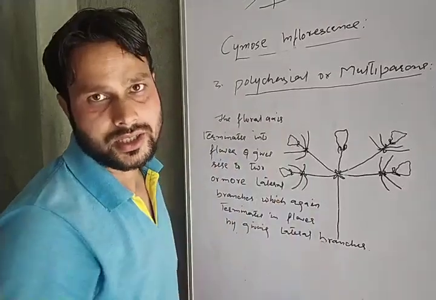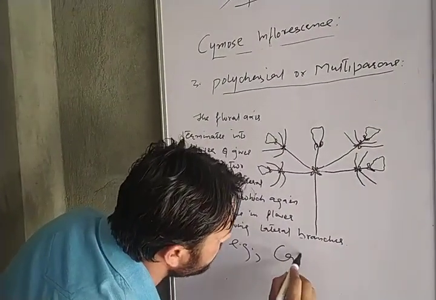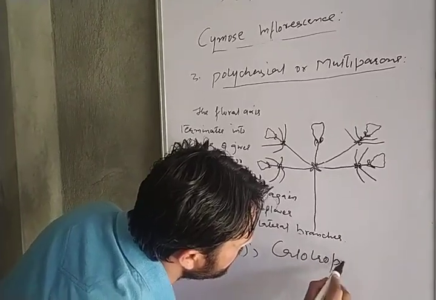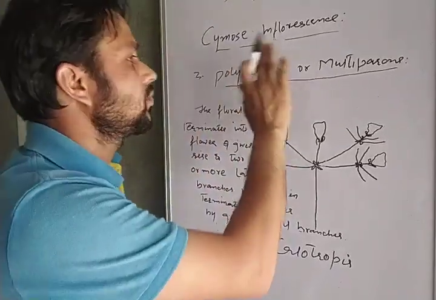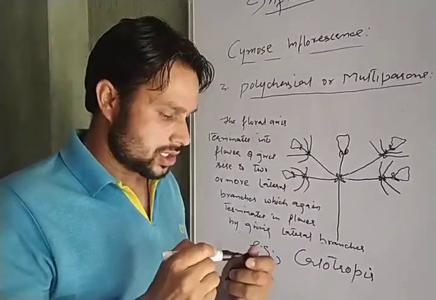This is the polychasial type of inflorescence, and the best example is Calotropis. This is the best example on which we can explain this polychasial or multiparous type of inflorescence.